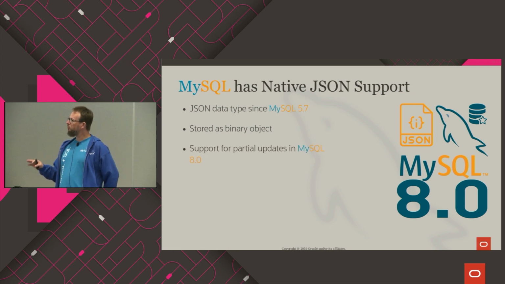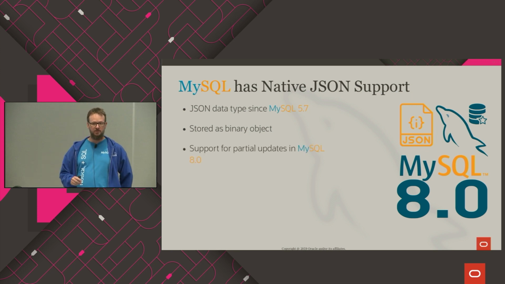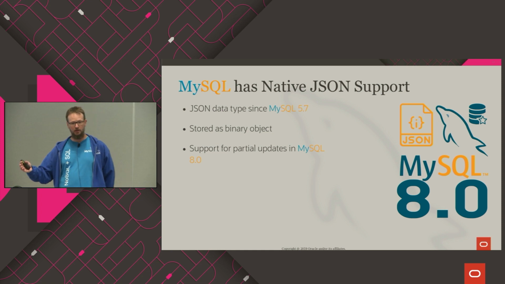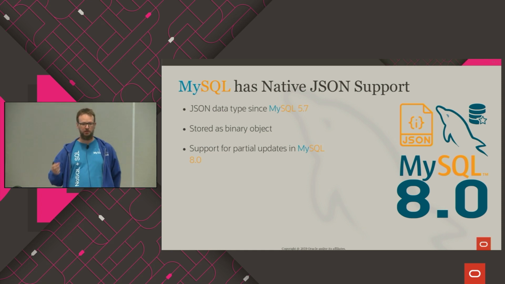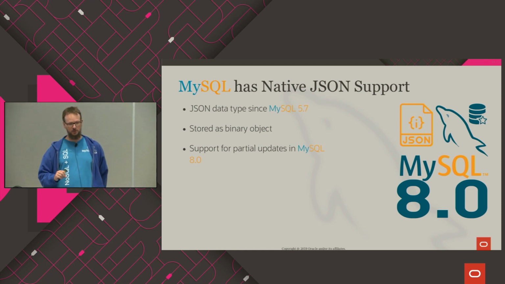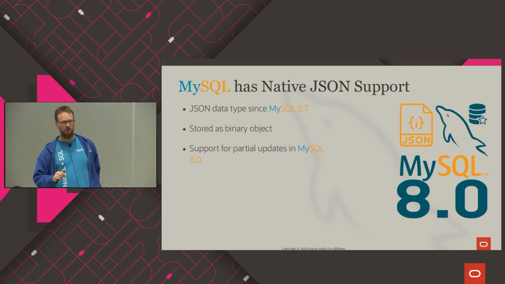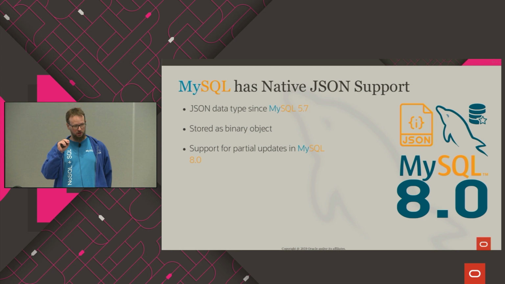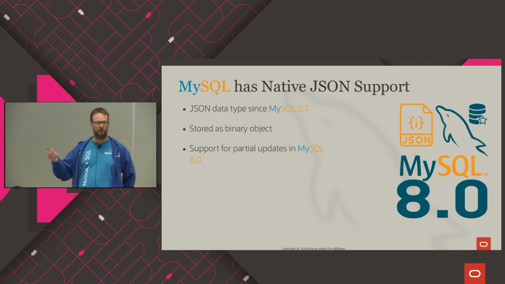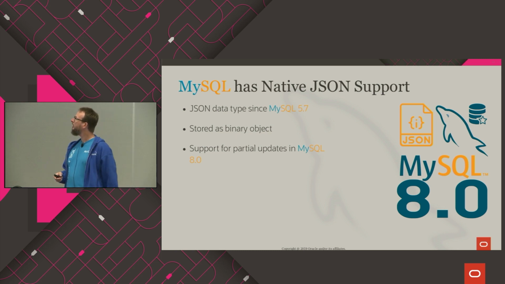We can also do partial updates. So if you need to update a very large JSON document and you change some settings in it, you won't rewrite the full document. You will just update the changes, and you're going to replicate only the change, if you are using replication in your setup.